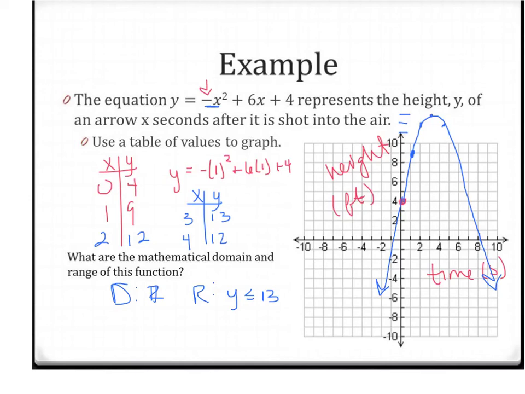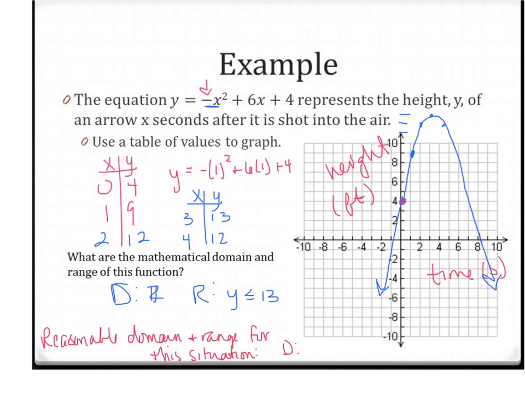Now if we said, and I didn't put it on here, reasonable domain and range for this situation, what we would probably want to do is continue our table.